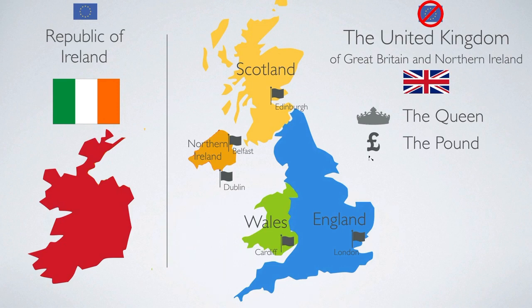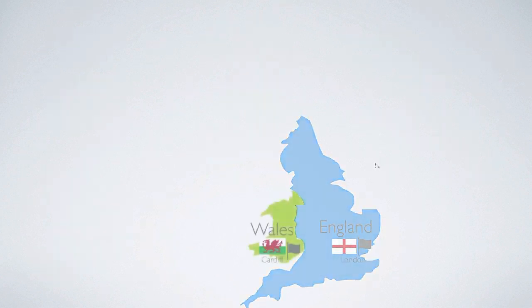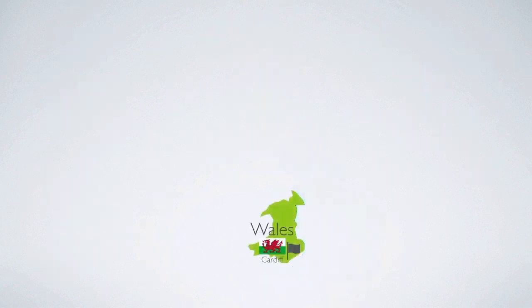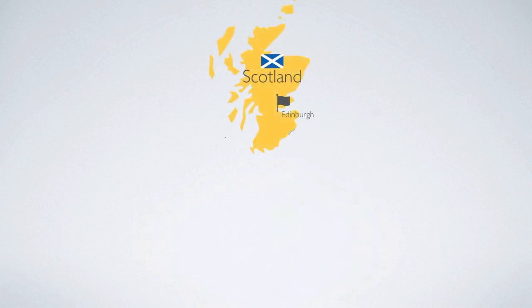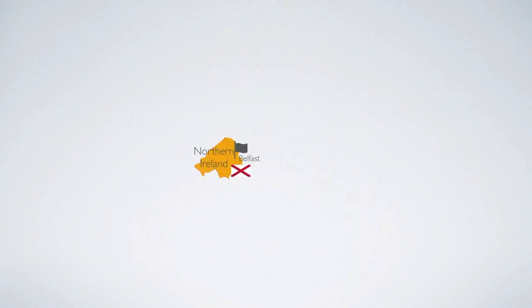So, a quick recap. This is England. This is Wales. This is Scotland. These 3 regions are on the island of Great Britain. This is Northern Ireland.